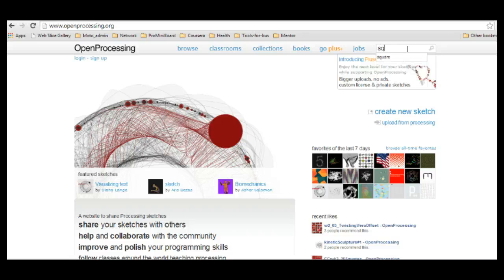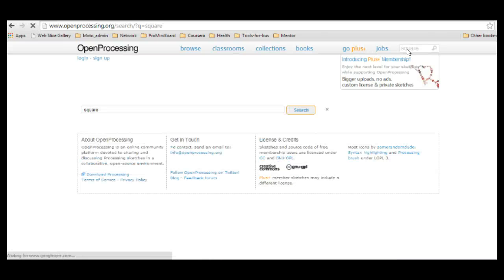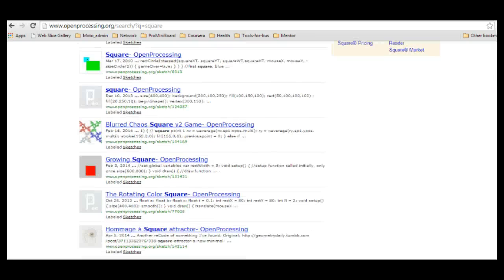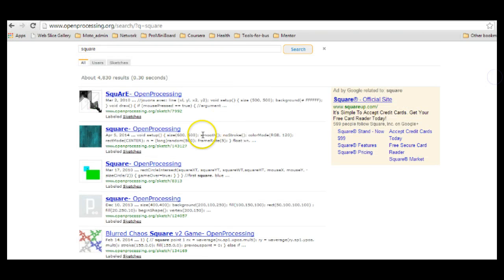So what you do is you go here and type in square. Why square? Because Sana has that blue square inside which there's a white heart. Let's see what looks interesting. Most of this I don't recommend clicking on, the 2010 ones, but the 2014 and 2013 ones are okay because those are written in JavaScript.